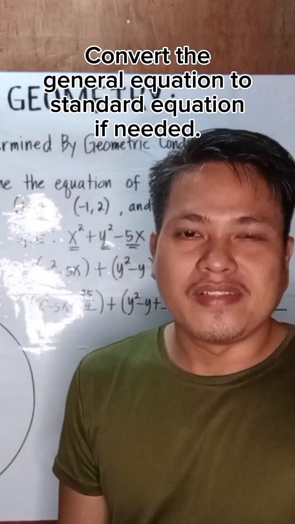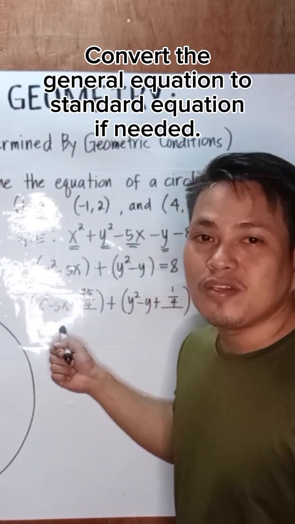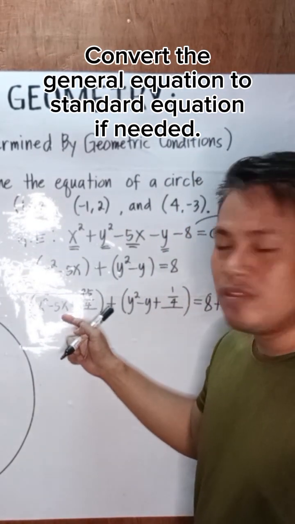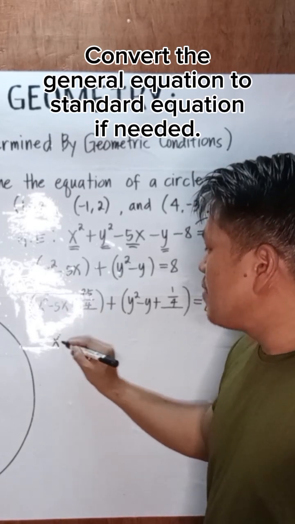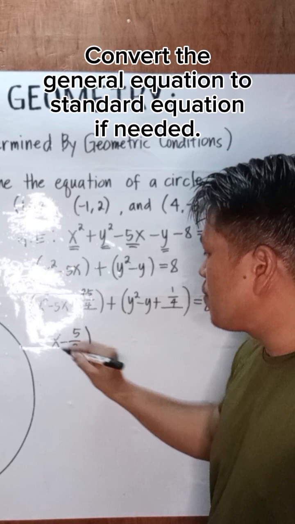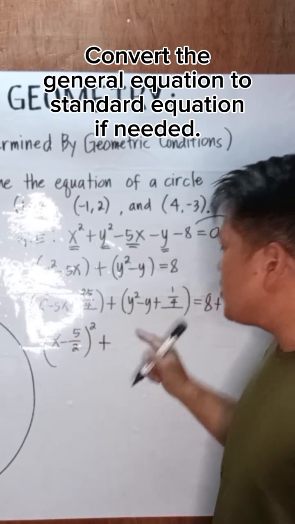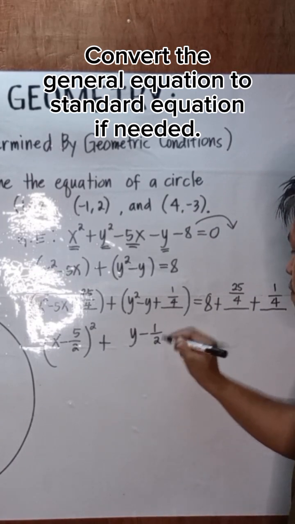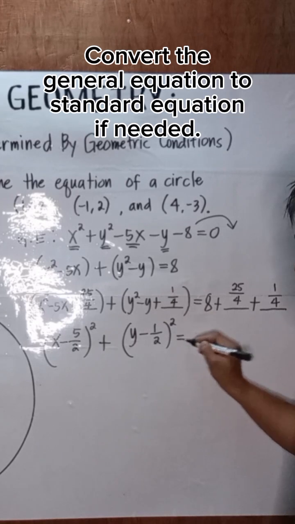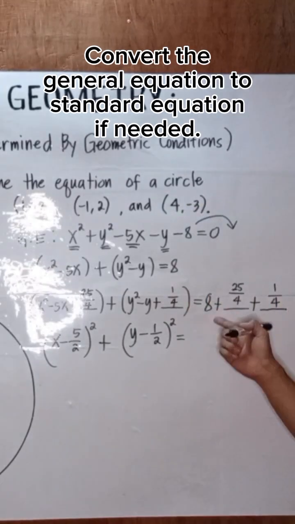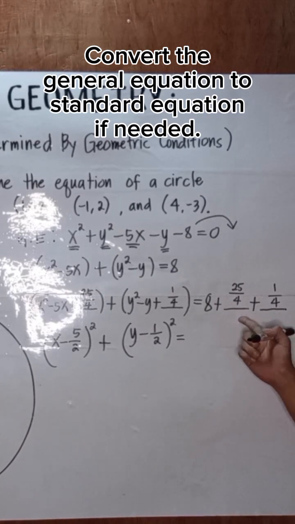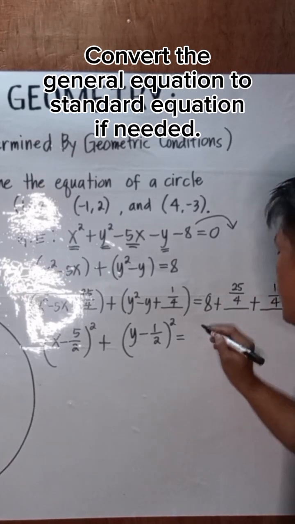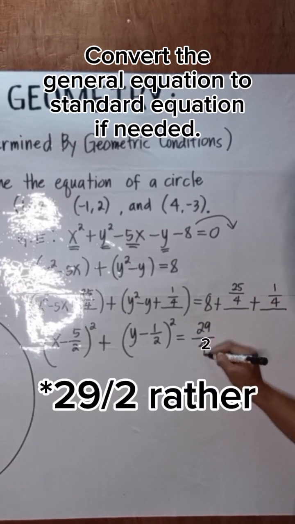Ang susunod naman ngayon ay i-convert natin itong trinomial na to sa binomial na naka-squared. Ang katumbas nito sa binomial ay x minus 5 over 2 squared plus, ito namang trinomial na to ay magiging y minus 1 half squared, and then simplify natin yung constant, 8 plus 25 over 4 plus 1/4 is equal to 29 over 4.